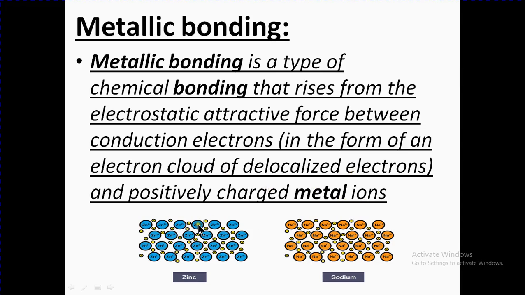So you can see here the bonding, these are all attached to one another in the form of ions. These ions are positive here, and the electrons that are present in the form of a sea or cloud hold the metallic bond, or they cause the atoms to be held together very strongly.